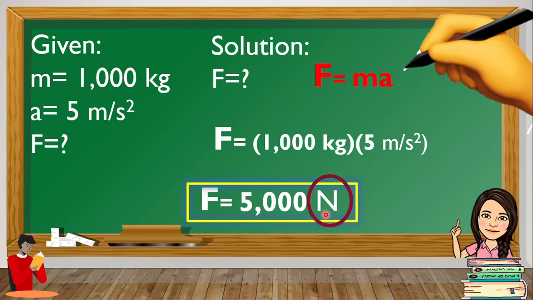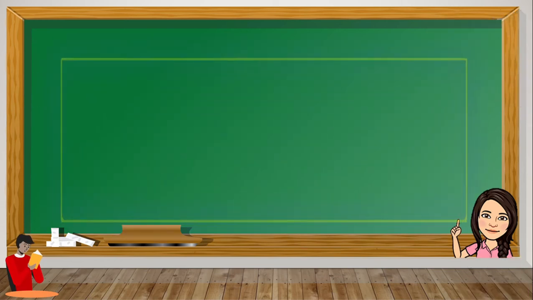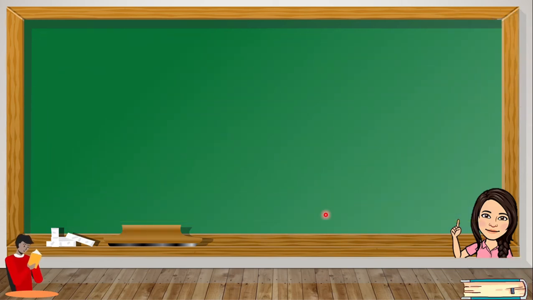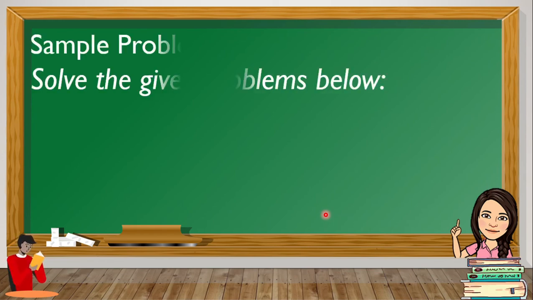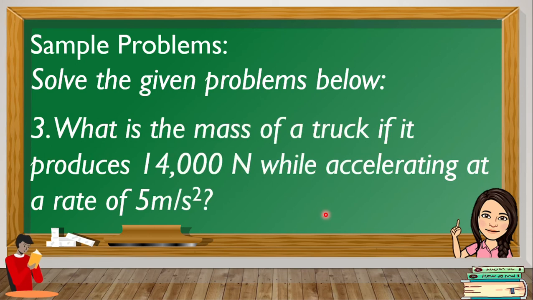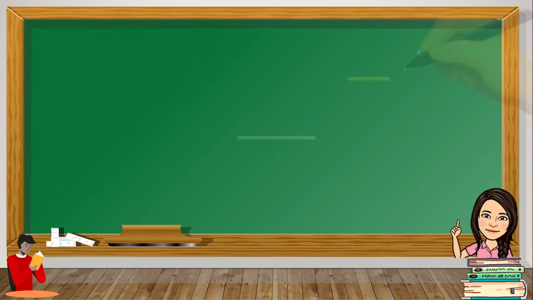Now, let's try to answer sample problem number 3. What is the mass of a truck if it produces 14,000 Newton while accelerating at a rate of 5 meter per second squared? In this problem, we're looking for the mass.